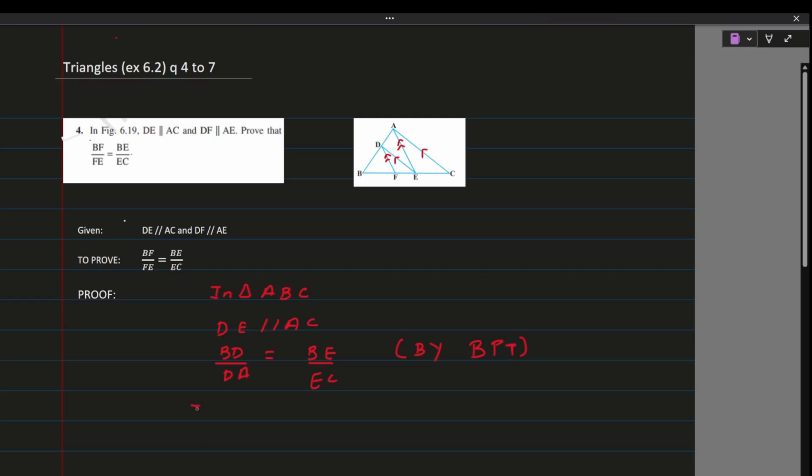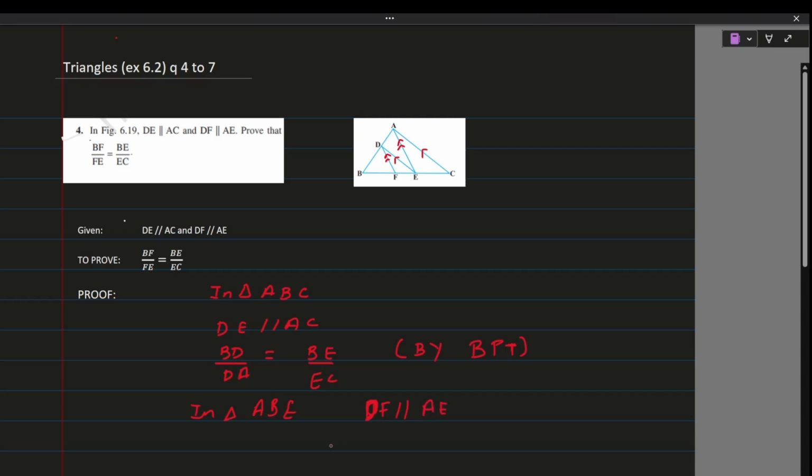Now the second thing given is DF is parallel to AE. So we will take triangle ABE. It's already given that DF is parallel to AE.